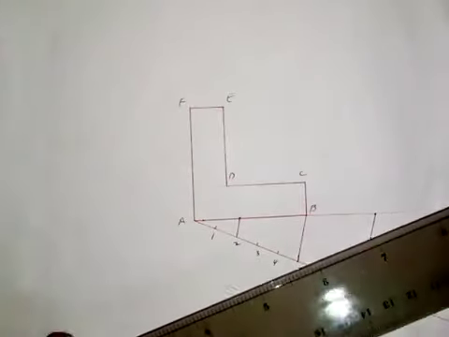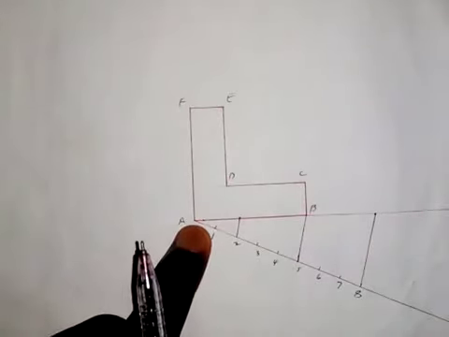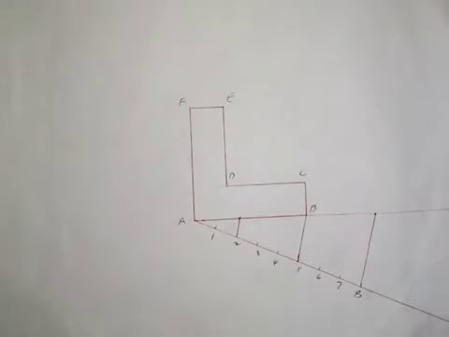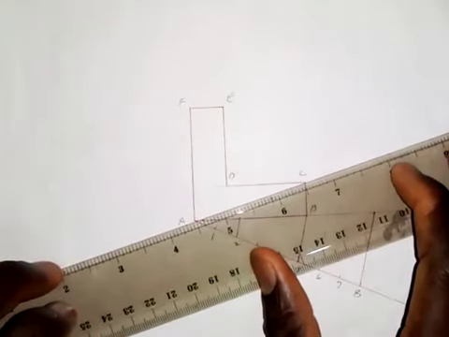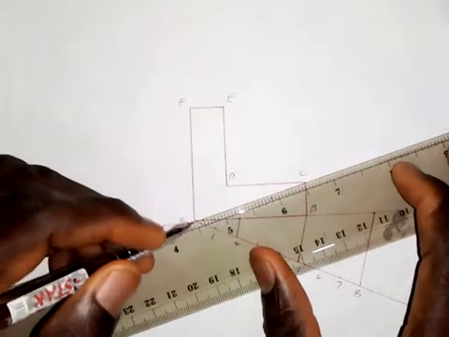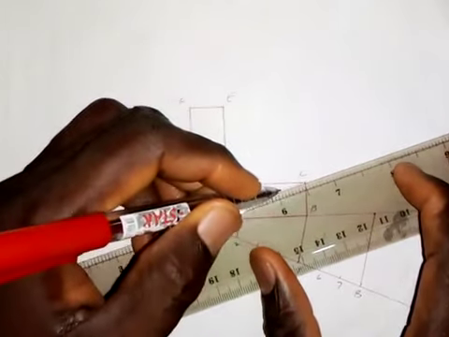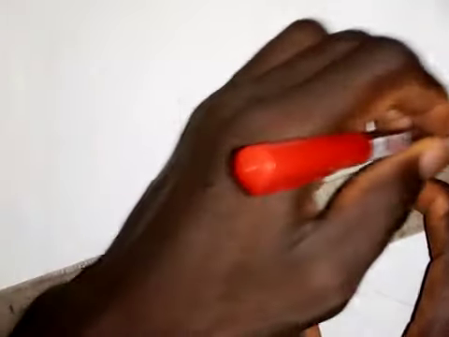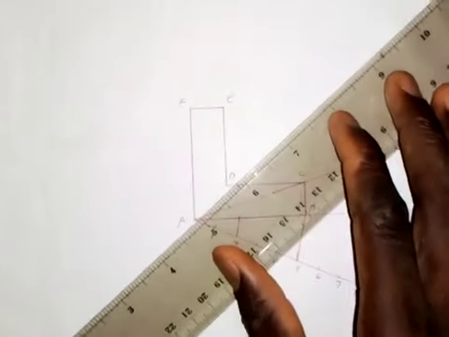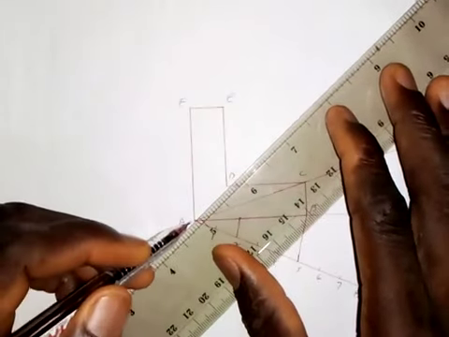I've drawn from point A through point B, so that has been done. The next that I'm going to do is to draw a line from point A through point C like this. So it will pass through point C. Then from point A again, I will draw a line through point D like this.